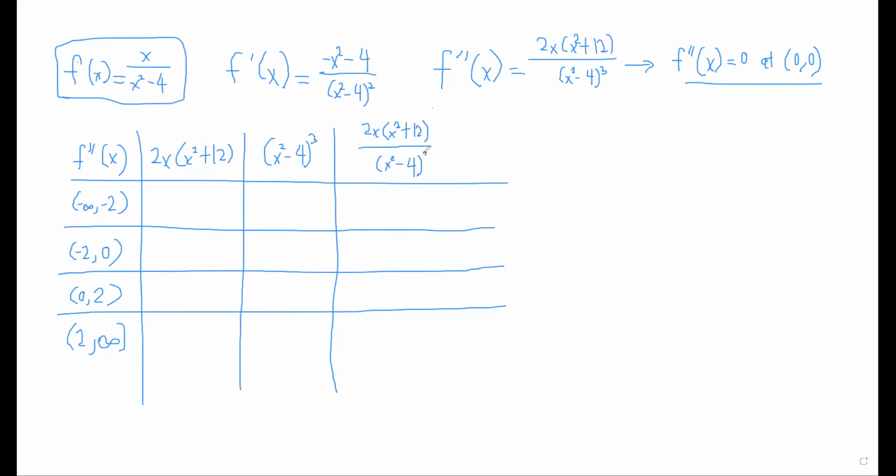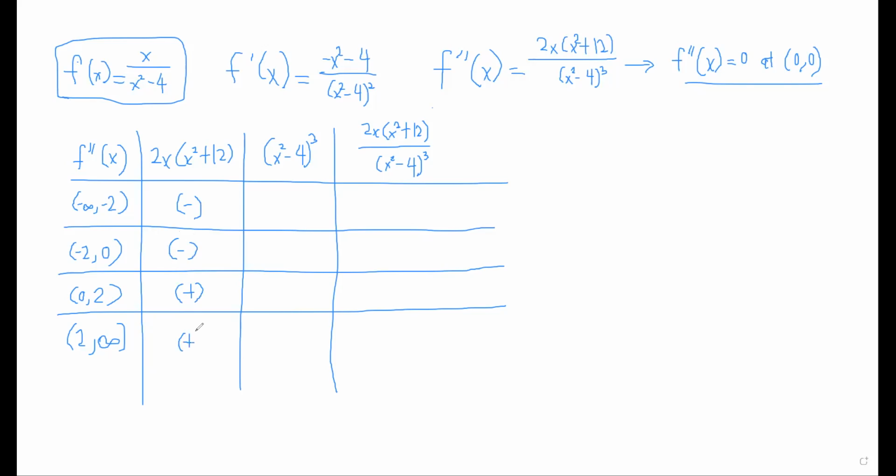Okay, so let's get to it. X squared plus 12 is always going to be positive, so let's just focus on the 2x. From negative infinity to 0, this will be negative. From 0 to infinity, it's always going to be positive.